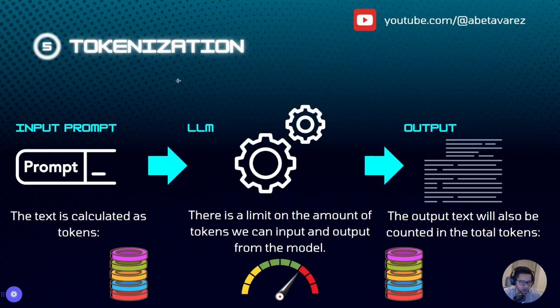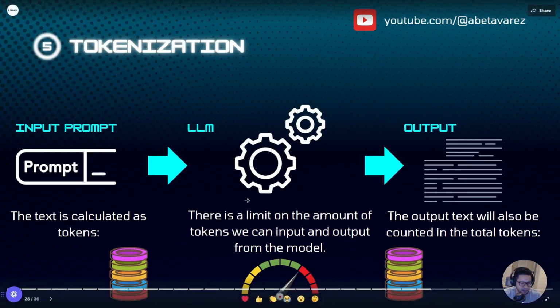So a high-level example of tokenization is when we provide an input or a prompt to the LLM, the text will be calculated as tokens. Depending on the tokenization technique that the LLM uses, it is going to break down your prompt into sections, subsections, characters, and calculate them into tokens.